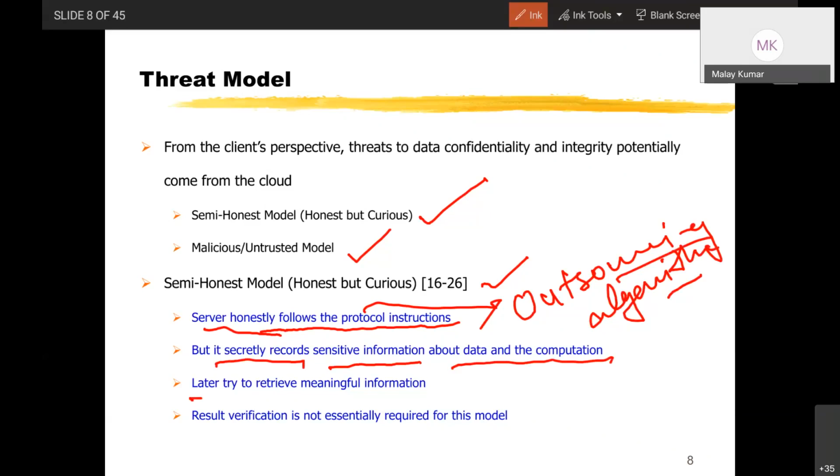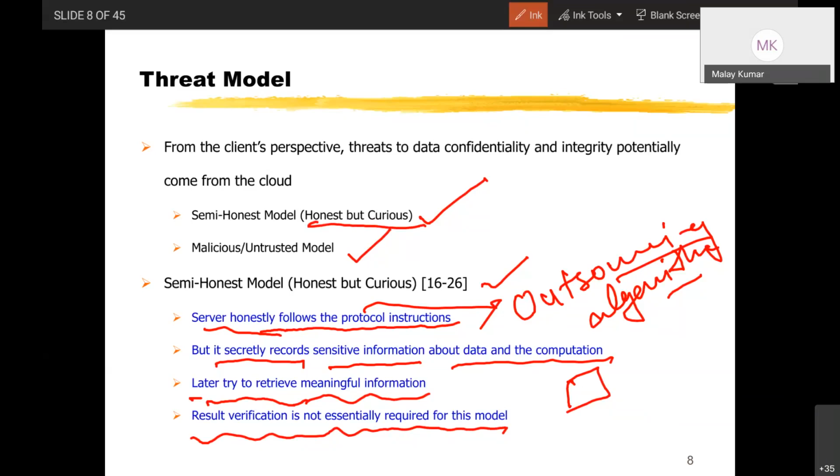Later on, once the execution is completed, it tries to retrieve meaningful information from the steps. Further, result verification is not essentially required in this model because it says honest but curious. Whenever a computation is performed, it always produces a correct result. But the main threat is the confidentiality issue, that it tries to secretly steal the data.